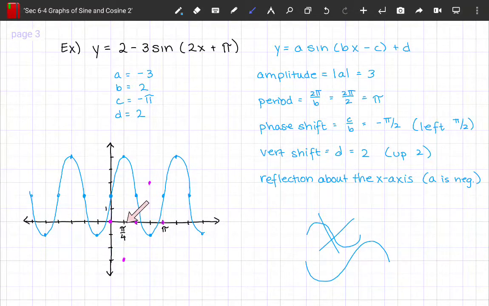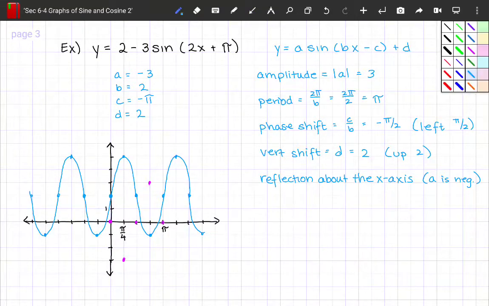And that's where I got these points. But once I have one period, I can just keep that pattern up, and that gets me the rest of my graph. So there we go.